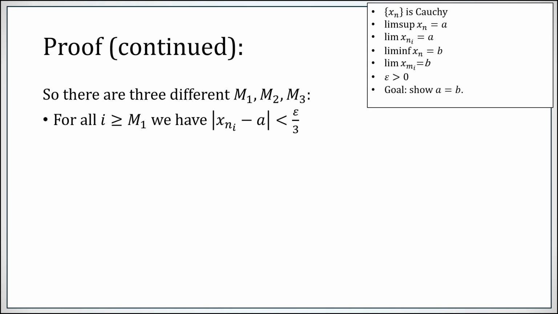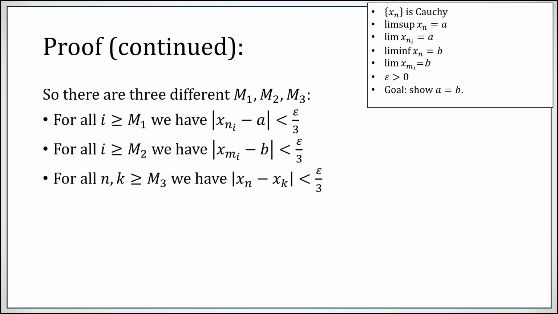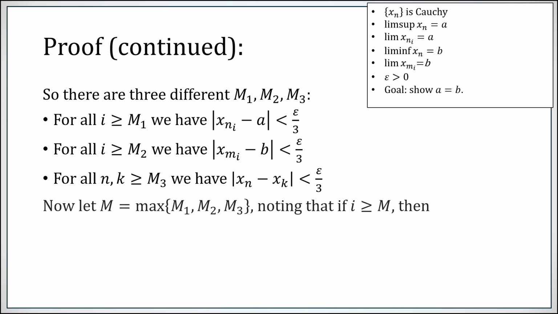The subsequence x sub n sub i is converging to the lim_sup, so past a certain point, every term of that subsequence is within epsilon over 3 of the lim_sup. Past a different index, x sub m sub i is within epsilon over 3 of the lim_inf, and also because the original sequence was assumed to be Cauchy, for all indices past some other cutoff M3, the distance between terms of the sequence is less than epsilon over 3.